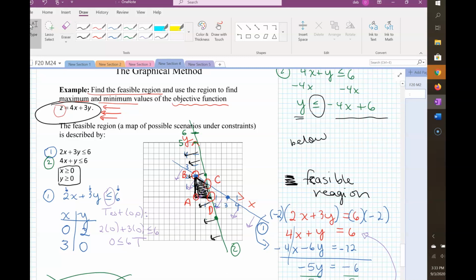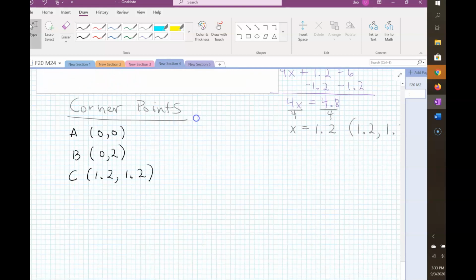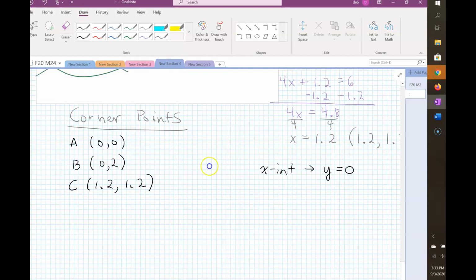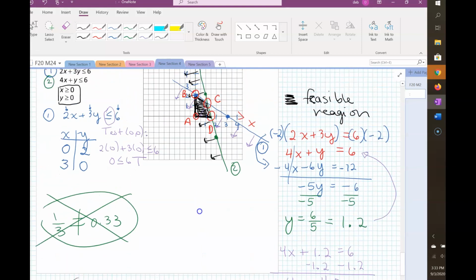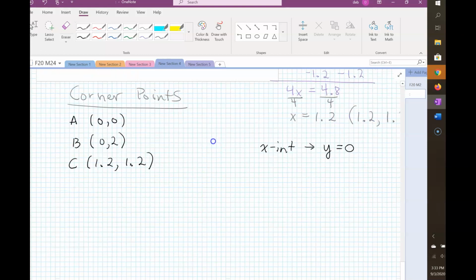So the x-intercept is when y is 0. So we're going to take the equation of that second line, 4x plus y equals 6.